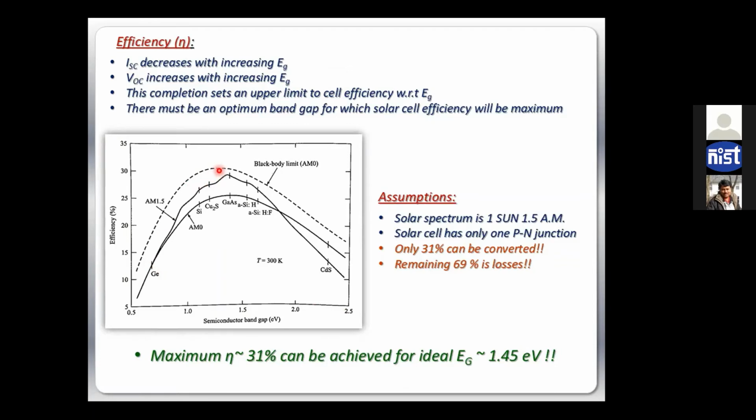There will be one band gap where we can get the maximum efficiency. We can have a balanced JSC and balanced VOC, which will ultimately give us the highest efficiency for that particular material or system, right?